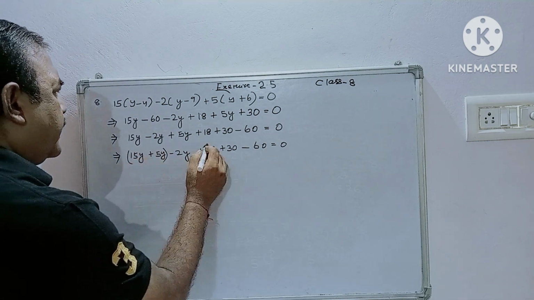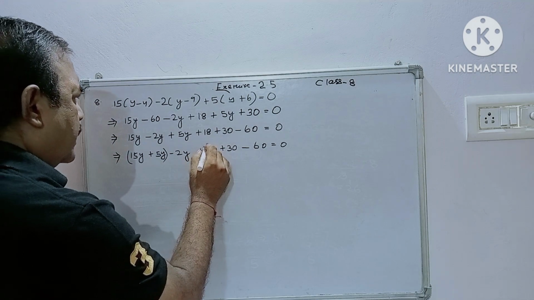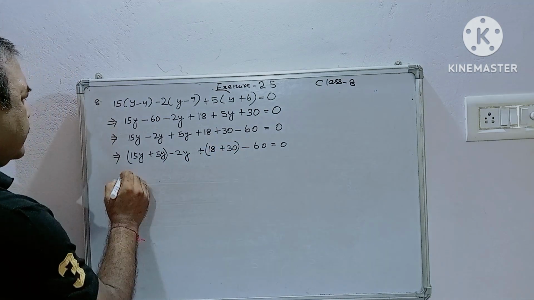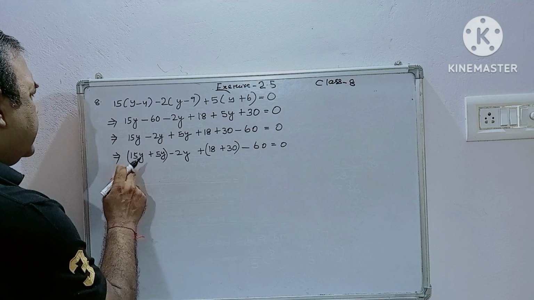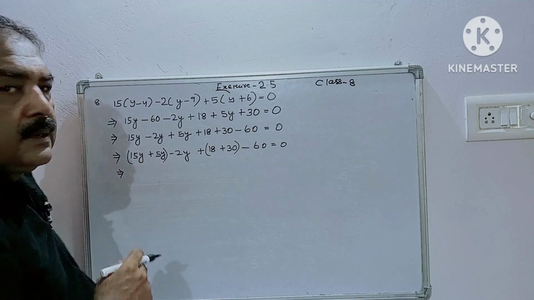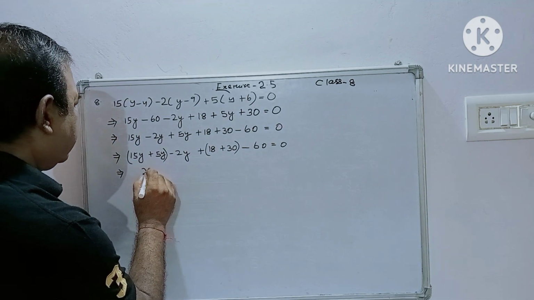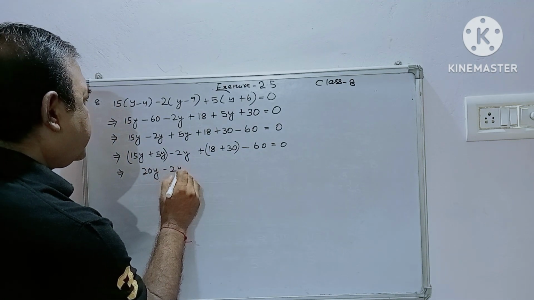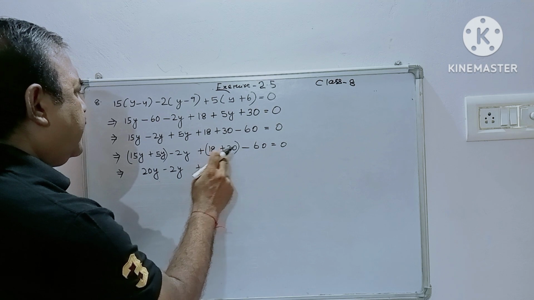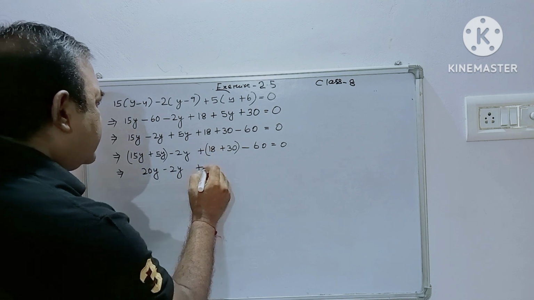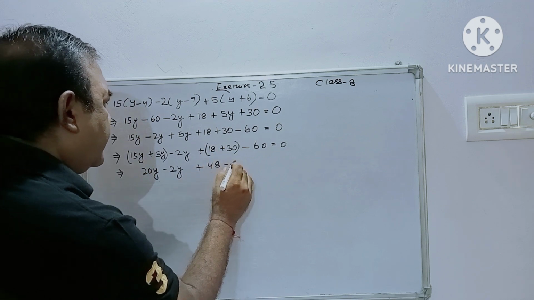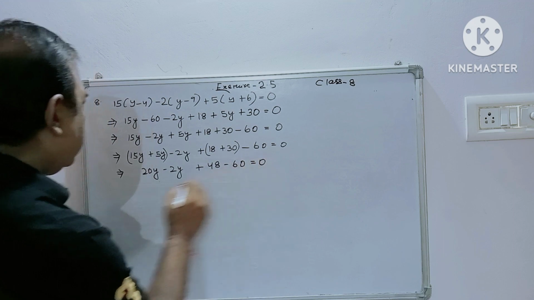So you may give a bracket here. That implies 15y plus 5y is equal to 20y. 20y minus 2y plus 18 plus 30, the sum is 48, minus 60, is equal to 0.